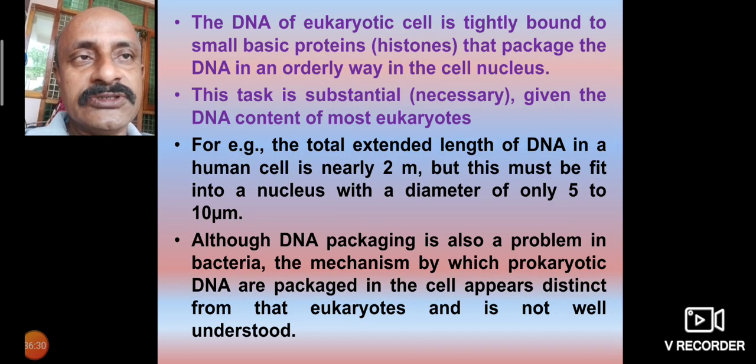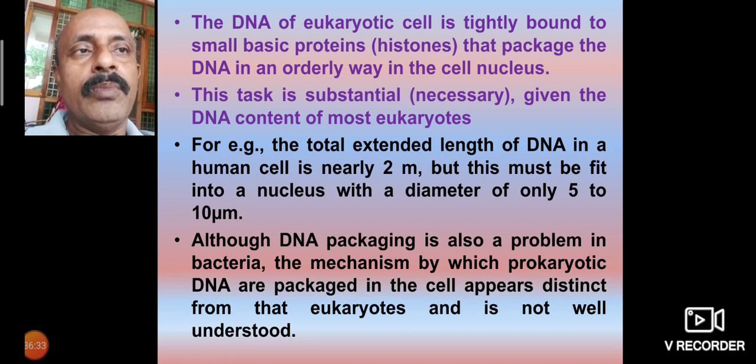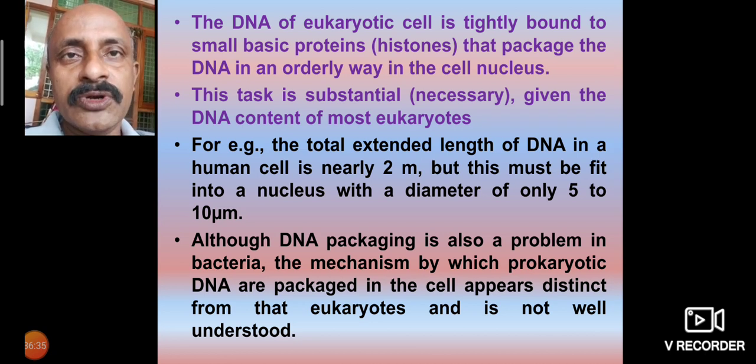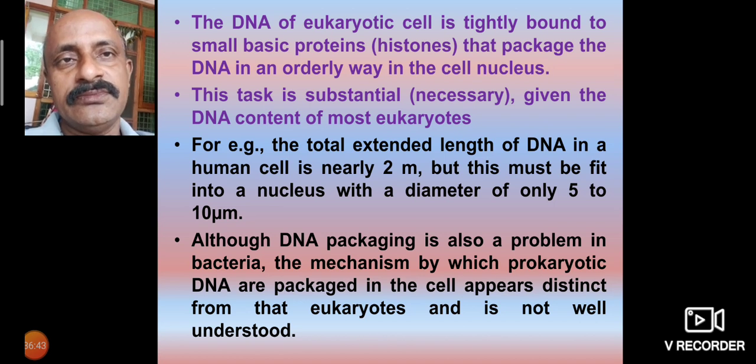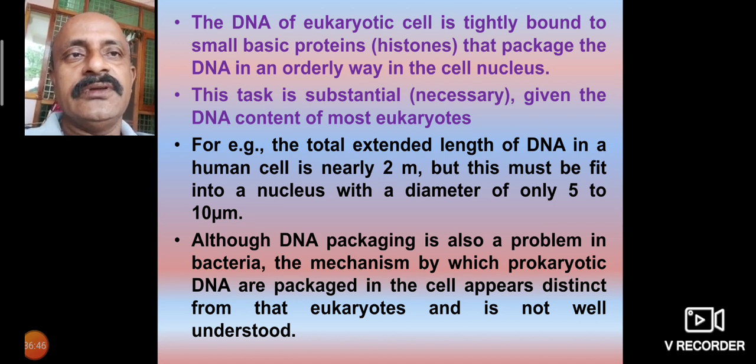The DNA of a eukaryotic cell is tightly bound to small basic proteins, or histones, that package the DNA in an orderly way in the cell nucleus. This packaging is necessary given the DNA content of most eukaryotes.